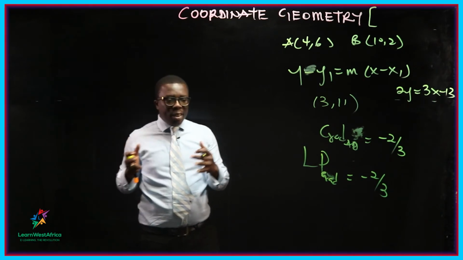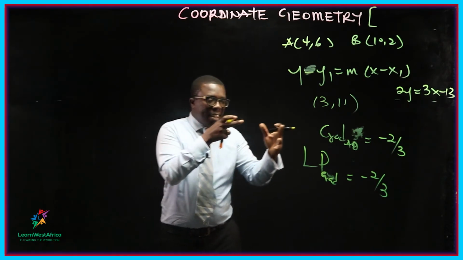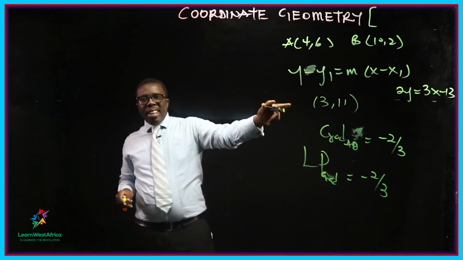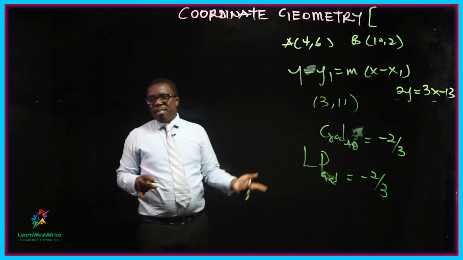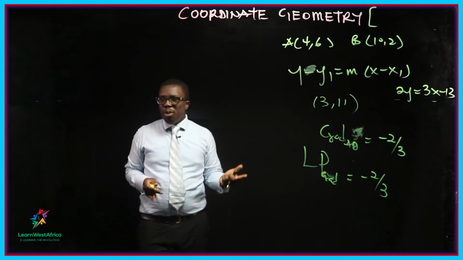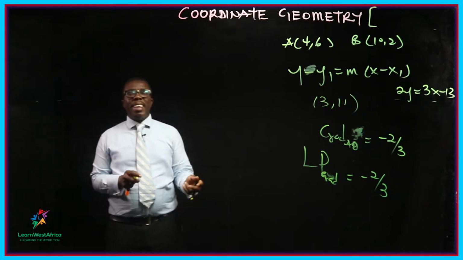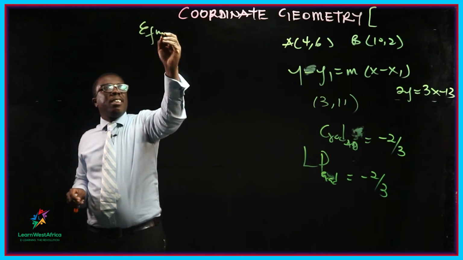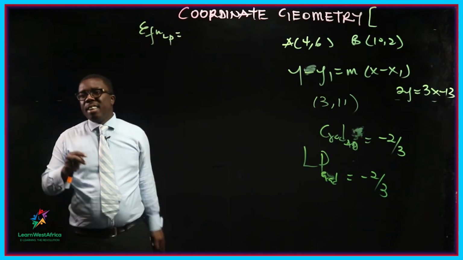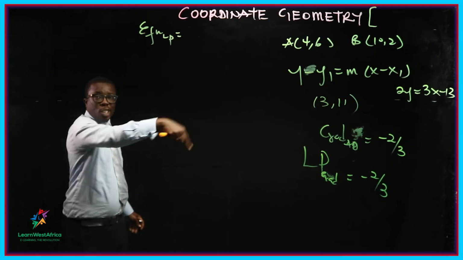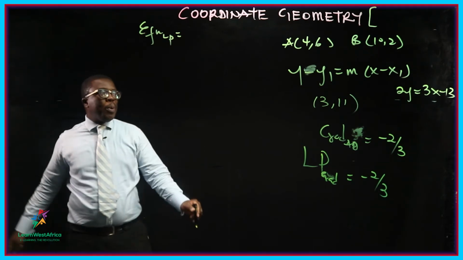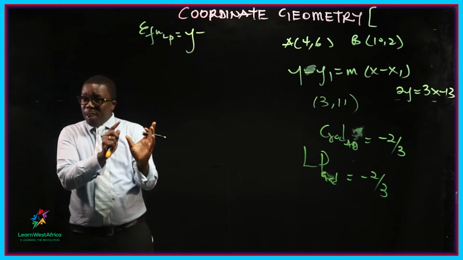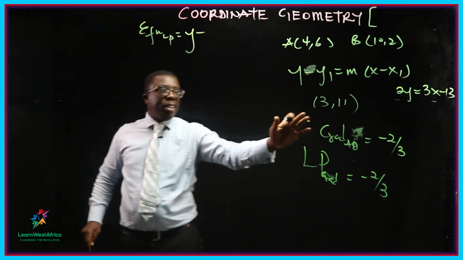Now the question is saying that it also goes through the point (3, 11). So let's find the equation of the parallel line. The equation of LP will be y minus y1, y minus, remember this time the coordinates that we are using to find this will be the 3 and 11.